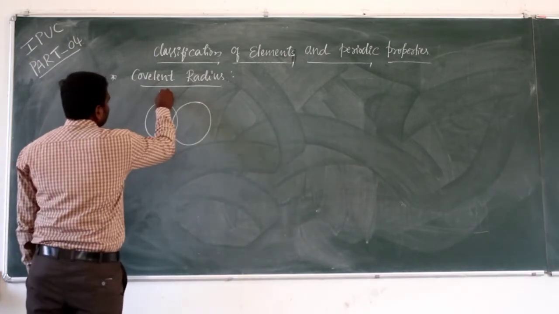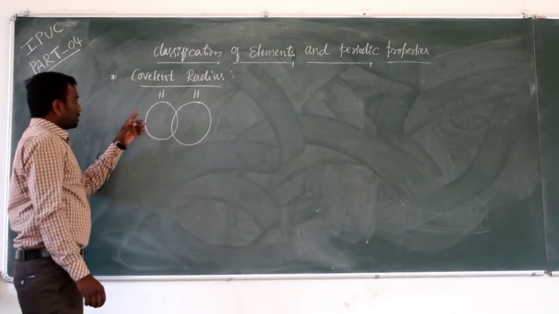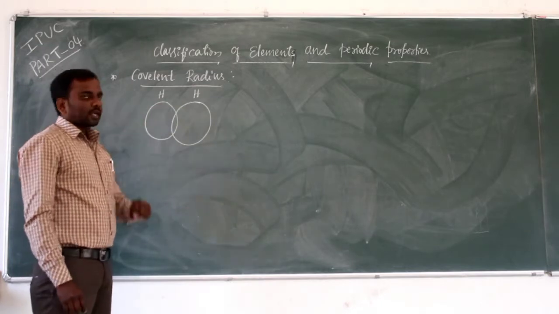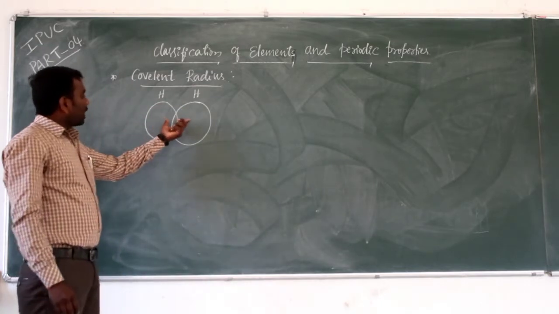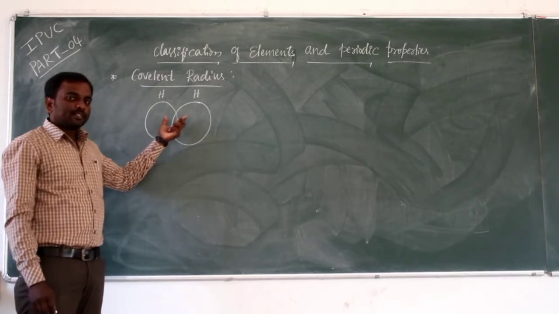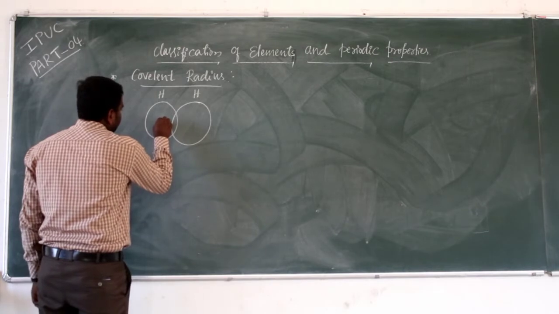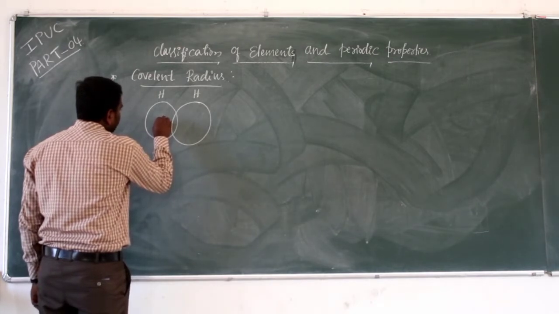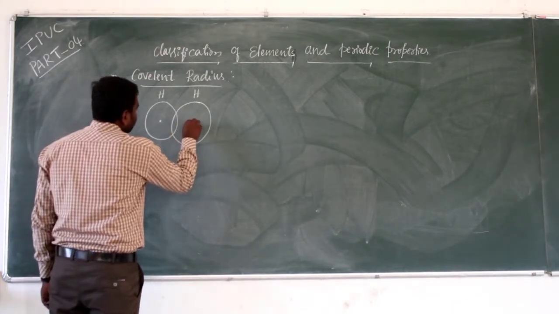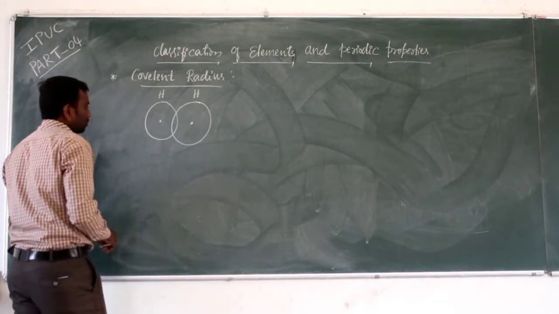Consider two hydrogen atoms. These hydrogen atoms overlap with each other, right? This is the center of the nucleus of one atom, and this is the nucleus of the other atom.